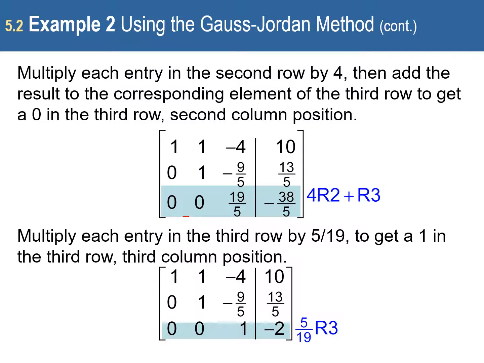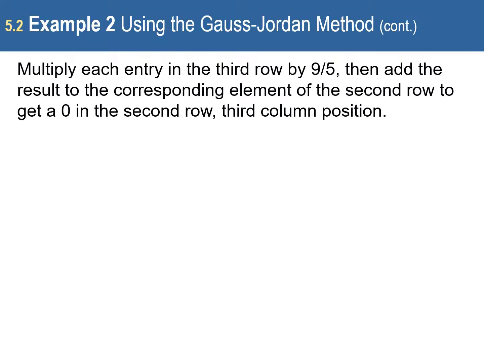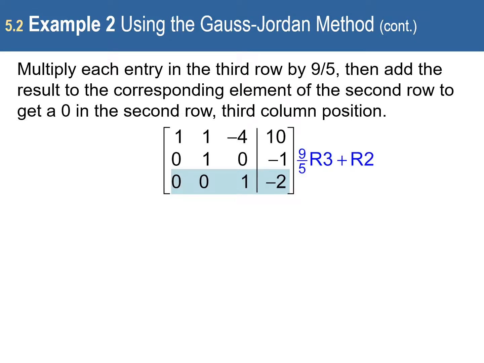Now you see I have a 1 across all of the diagonals. So now I'm going to multiply each entry in the third row by 9/5 and add it to the second row. So it'll be 9/5 R3 plus R2. We'll eliminate that variable.